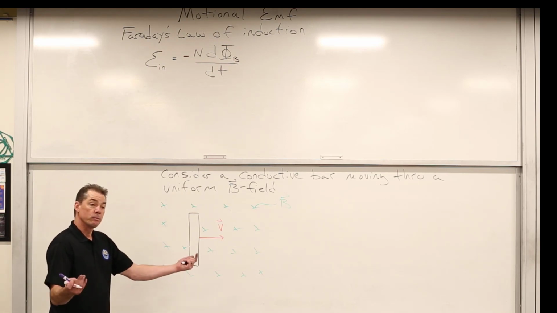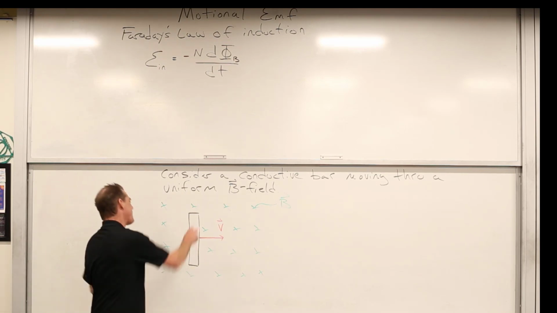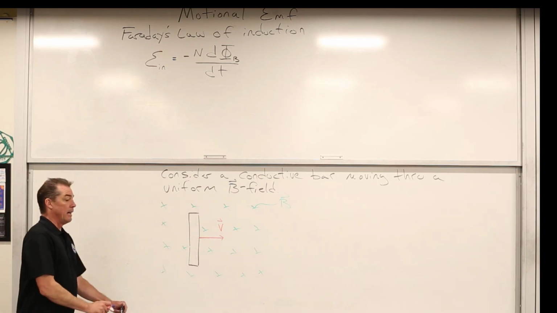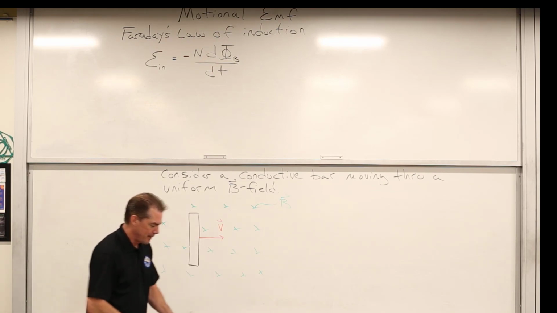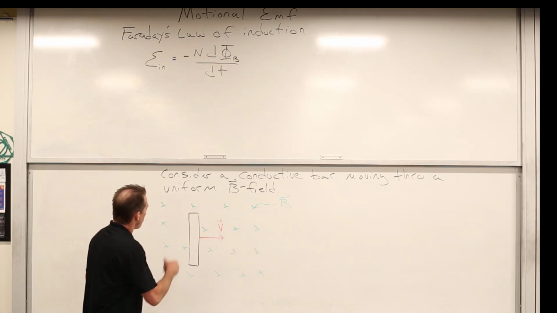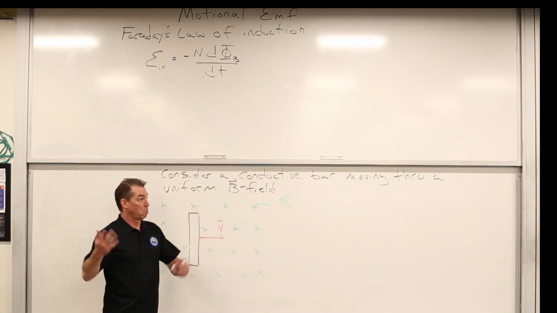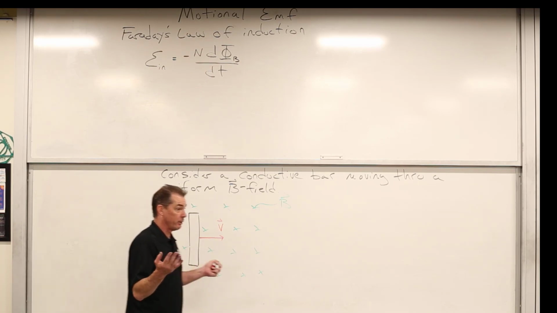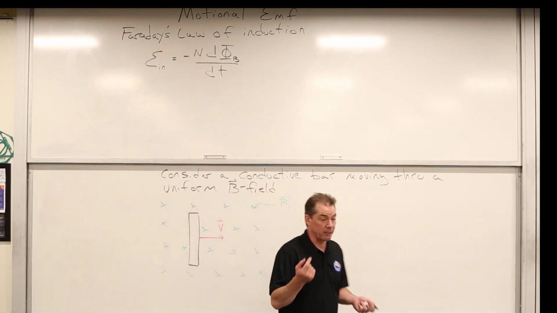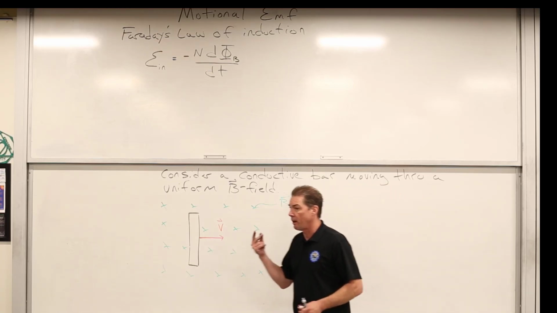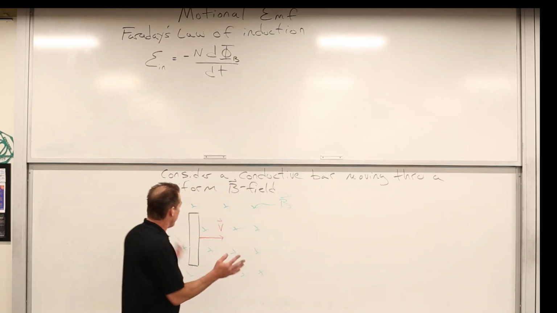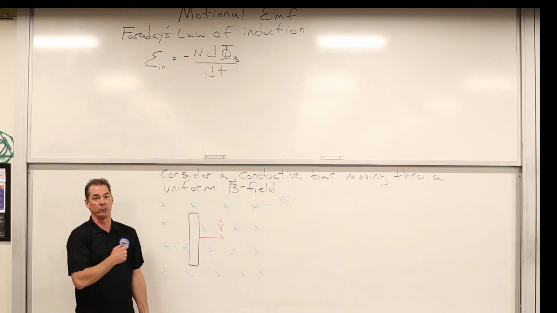All right, we ask ourselves this: does anything happen? And the answer is, I hope so, otherwise what would be the point of this? So, this bar is made of what? It's made of material that has protons, electrons, and neutrons. Protons and electrons are charges, and they will be moving through this magnetic field.